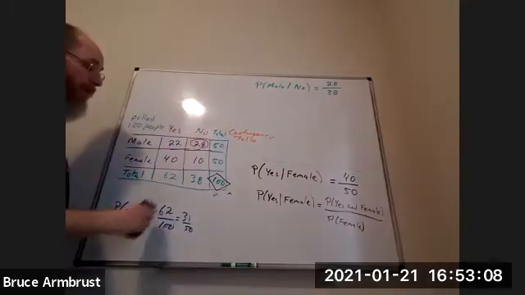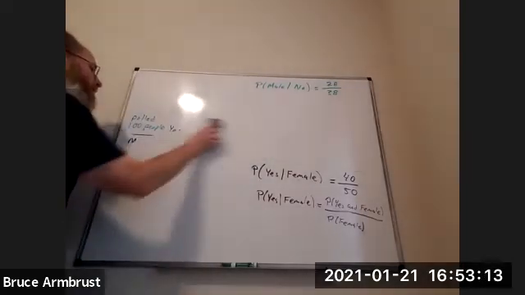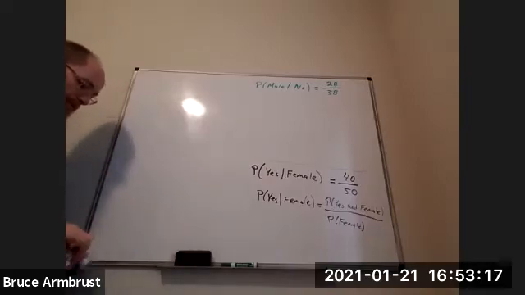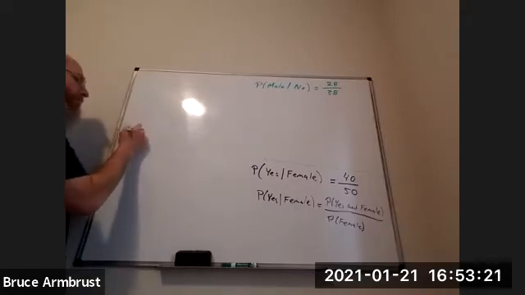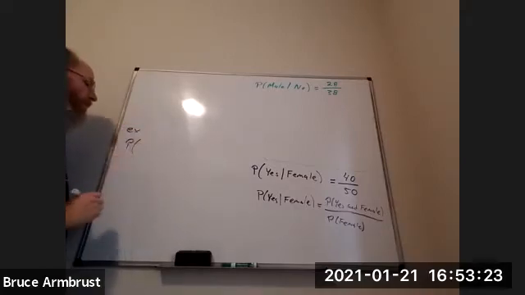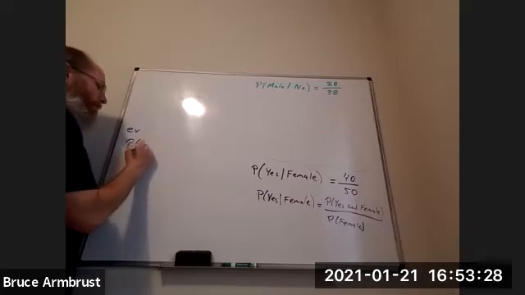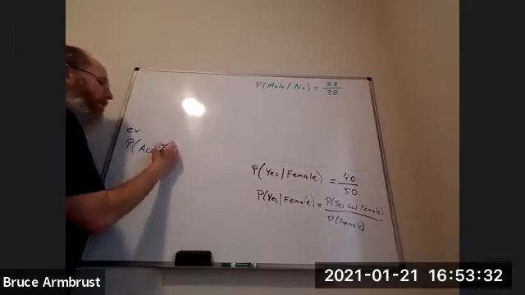Let's do a couple more conditional, but using playing cards. So we'll go back to the playing card example. So how about this? What's the probability that I draw an ace given that the card is a diamond?